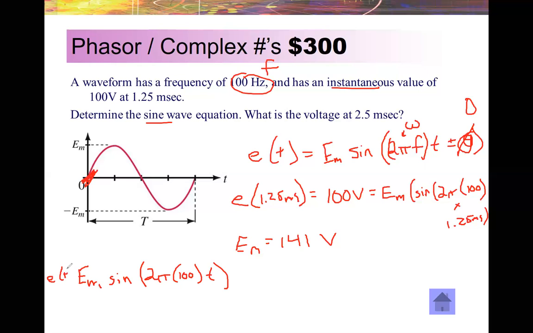So E as a function of time is equal to, right there, and if we're writing the full equation, I'll just go ahead and plug in the 141 that we solved for, 141 volts. So now we just plug in 2.5 right there into the T, and E at 2.5 milliseconds is also 141 volts.